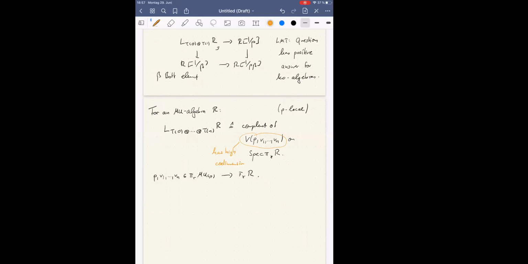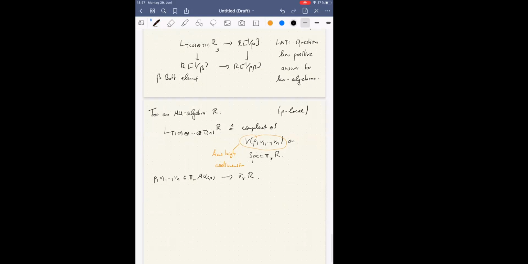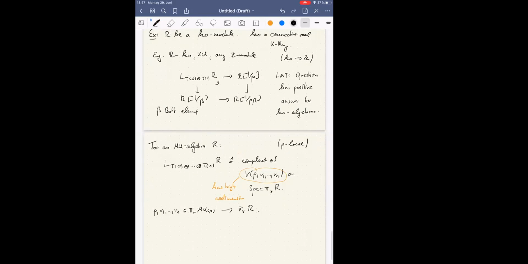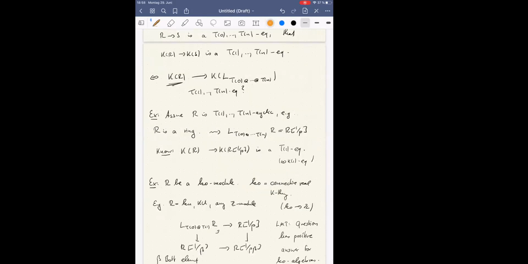So what we are asking then, if we compare the K-theory of R with the K-theory of this localization, is whether removing this thing of high codimension changes the localization of K-theory.